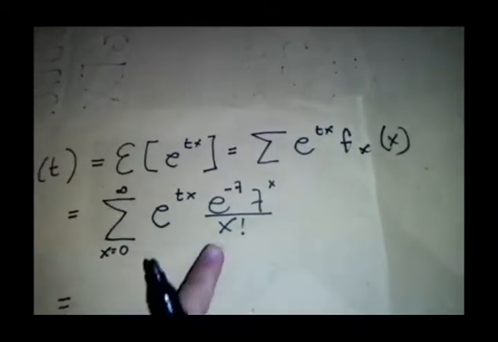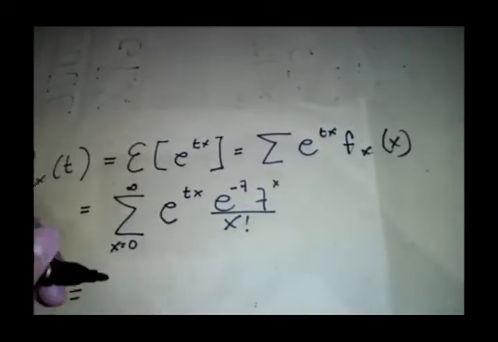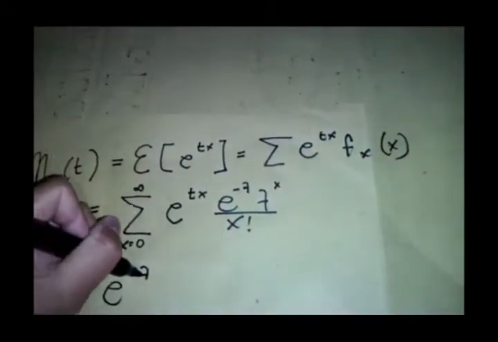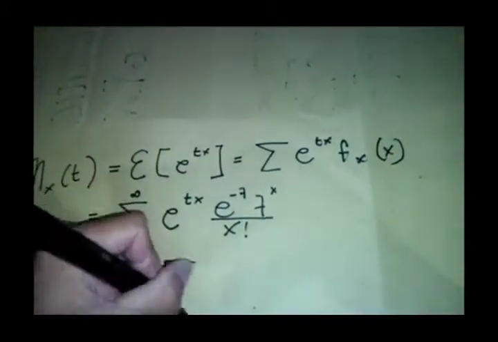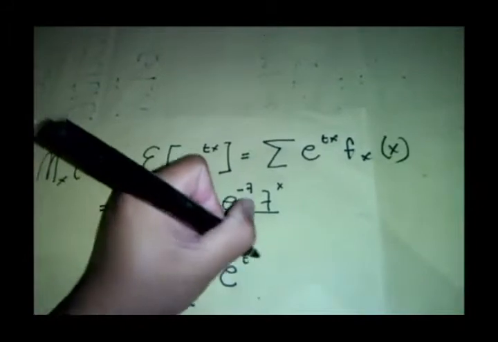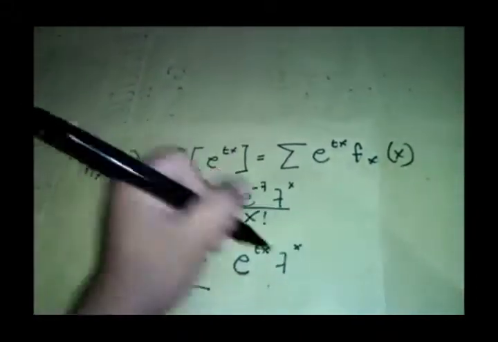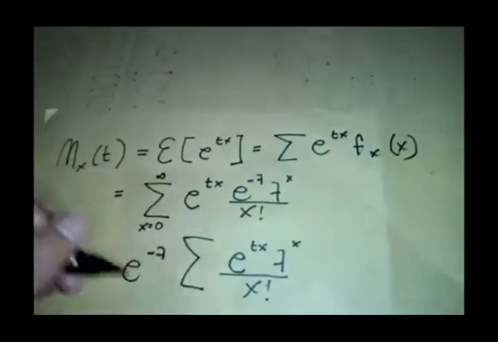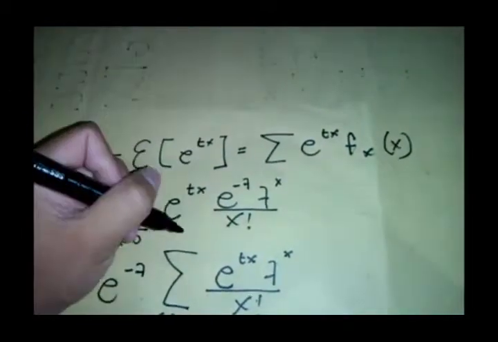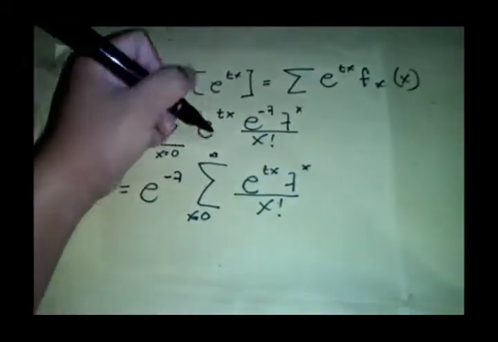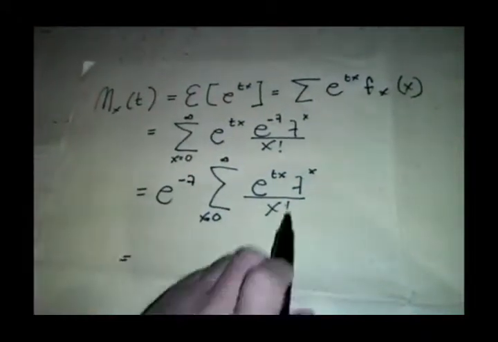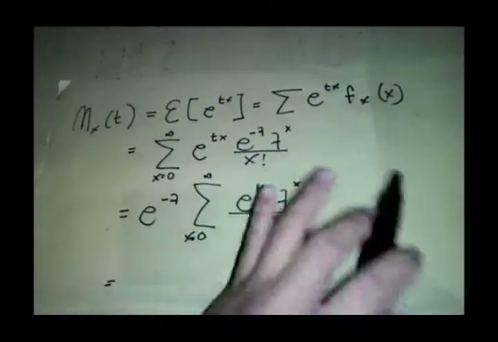Next thing to do is we need to factor out the constant, which is e to the negative lambda, times the summation of e to the tx times lambda to the power of x over x factorial, where x starts from 0 to infinity. Next, since the exponents have a common base, we need to factor out.